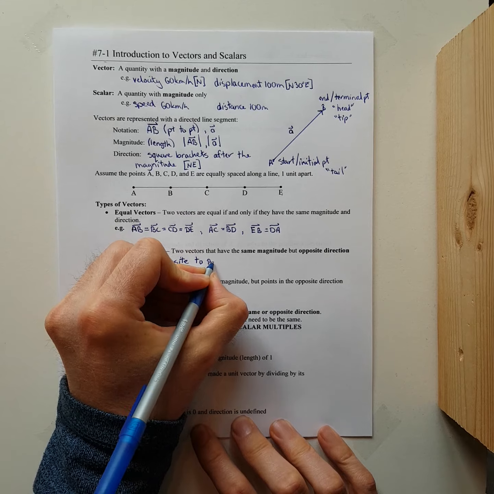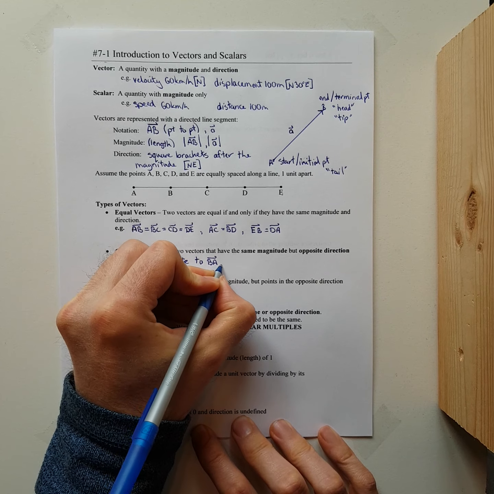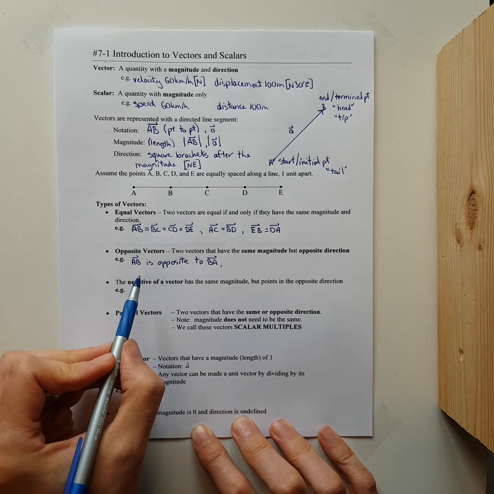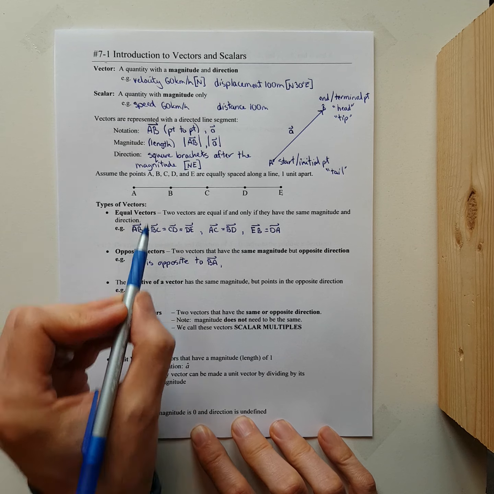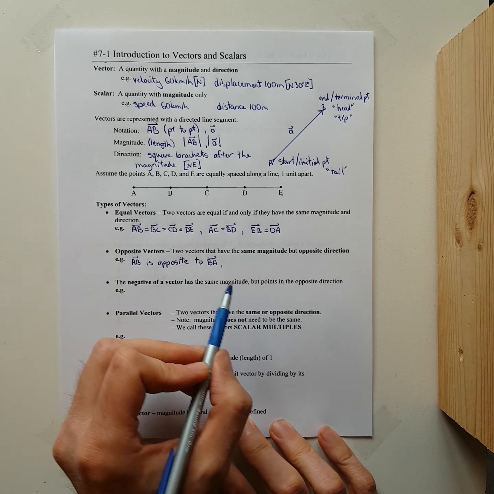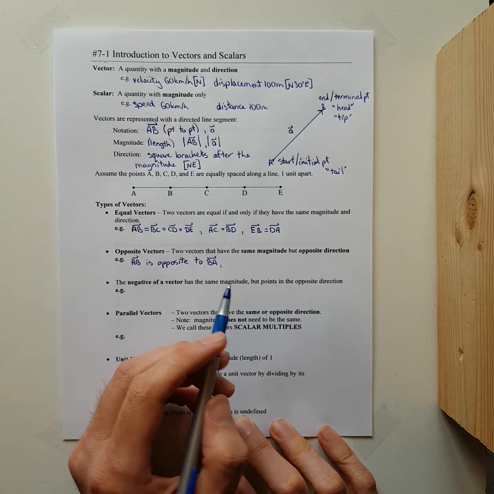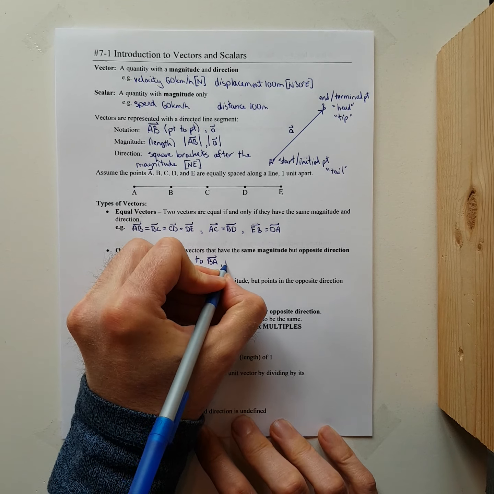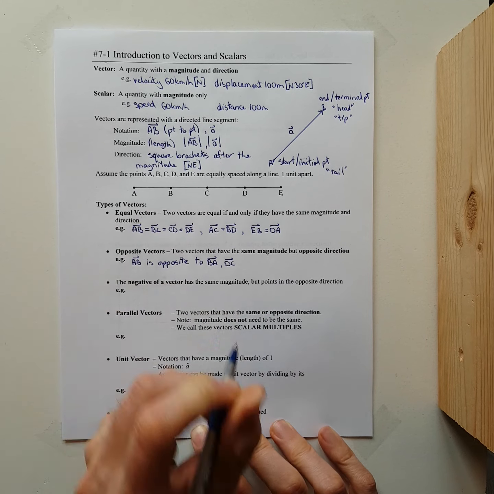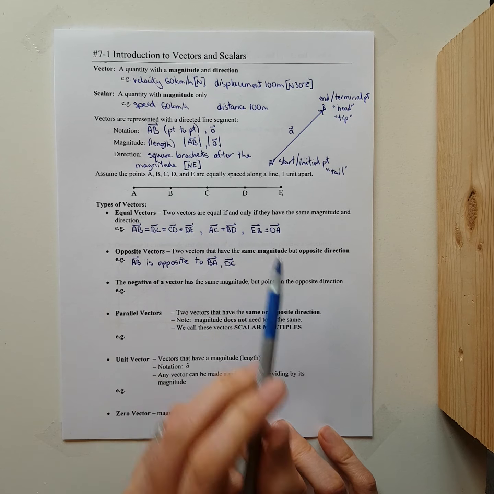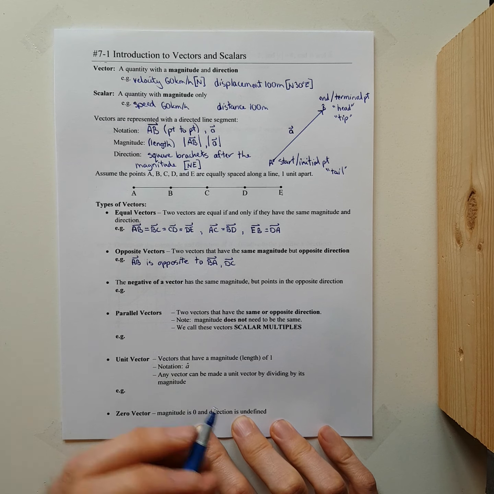So that would be opposite to BA. Or we could pick any vector that has the same magnitude, which is 1 unit long, that is now pointing to the left. So BA points to the left. We could also say here DC is also opposite because it is 1 unit long, pointing to the left.